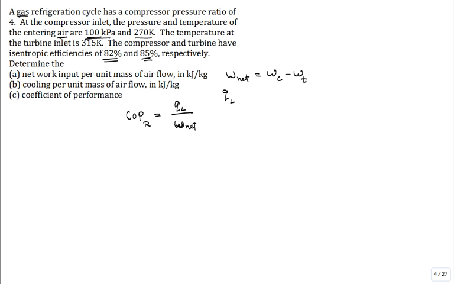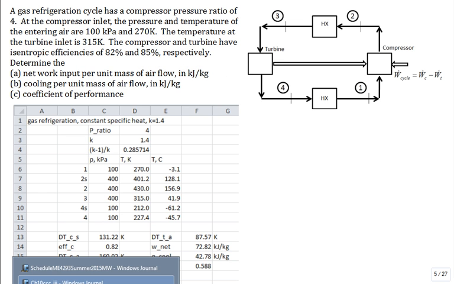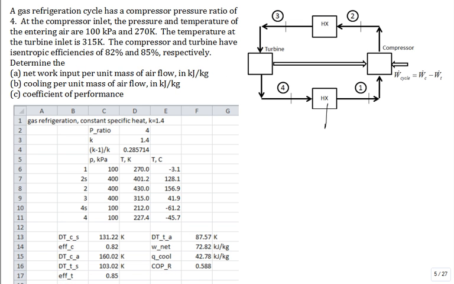Here's the solution. So this is the heat exchanger that provides the cooling. And the cooling is equal to H1 minus H4, the difference in enthalpy. If you wanted to, you could actually get the heat rejection, QH, which is going to be H2 minus H3.